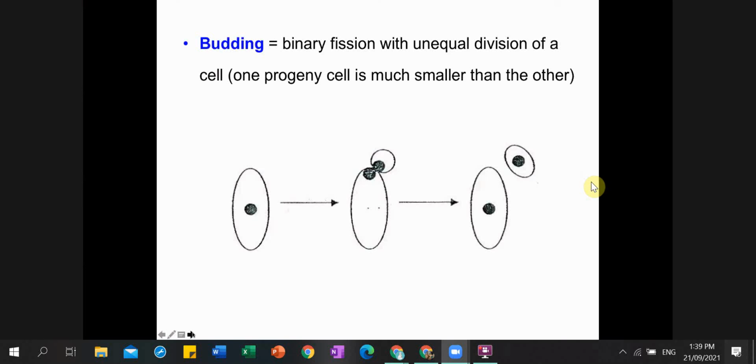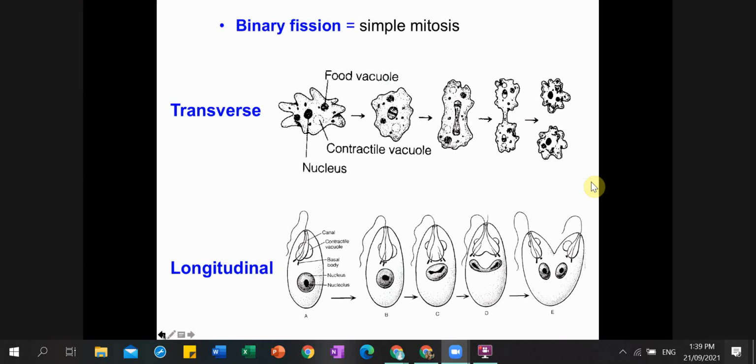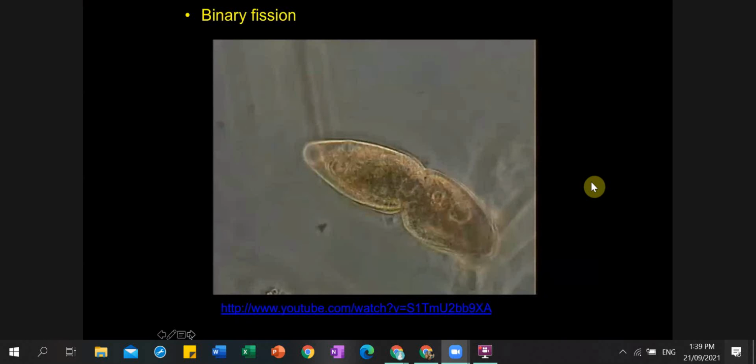So another type of asexual reproduction is budding. For the fission, we have from one cell into two equal size daughter cells. So the daughter cells are equal in size. They split equally, right? But for budding, it's also fission, but it's unequal, right?